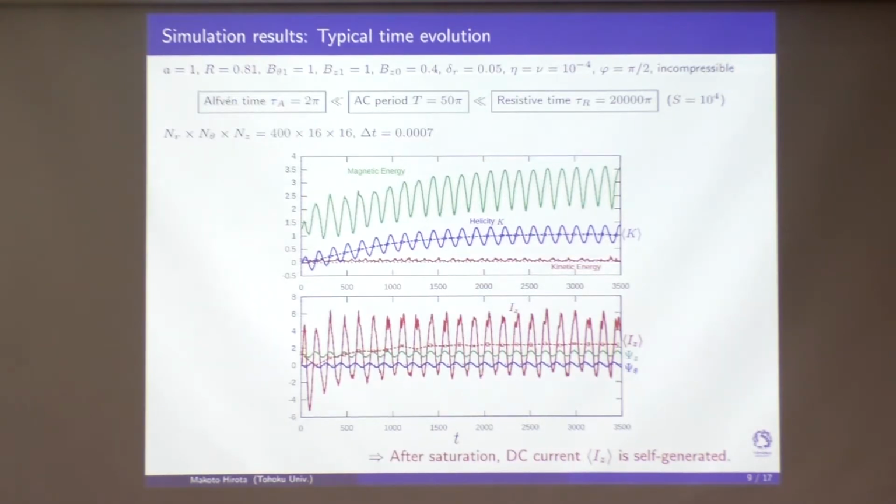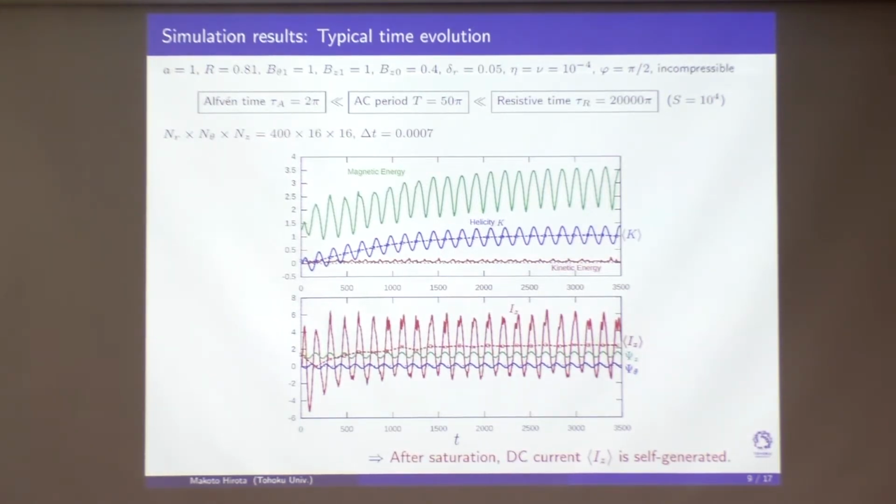And in this case, you have to apply the AC voltage with a period which must be much longer than the Alfvén time. And the resistive decay time should be much larger than this AC period. Under this condition or inequality, we can inject magnetic helicity.